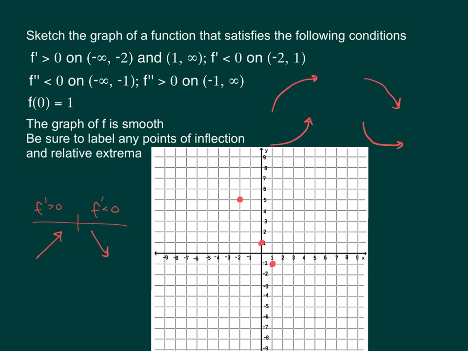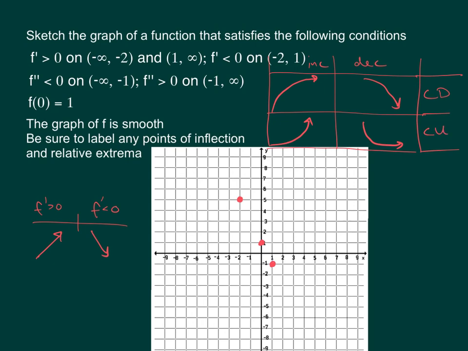So here we have a nice little breakdown of everything that could possibly happen. So these are increasing and these are decreasing, and these over here are concave down and these here are concave up. So when I say these, I mean this row is concave up, this row is concave down. These are increasing, both of them, and these are decreasing, both of those in the columns.